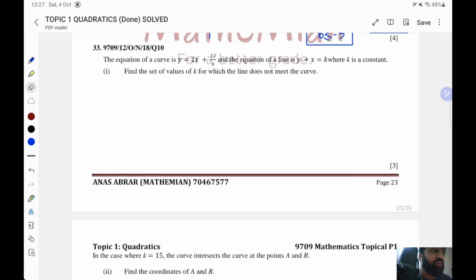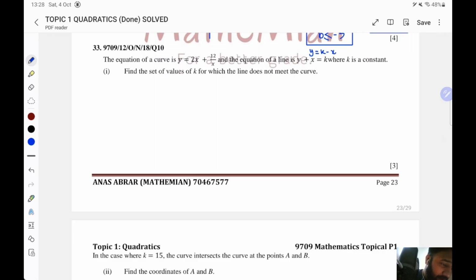Okay, let's start with the next question, question number 33, which is from October November 2018, question number 10, paper 1-2. The question says that the equation of the curve is y equals 2x plus 12 over x, and the equation of the line is y equals k minus x, where k is a constant.